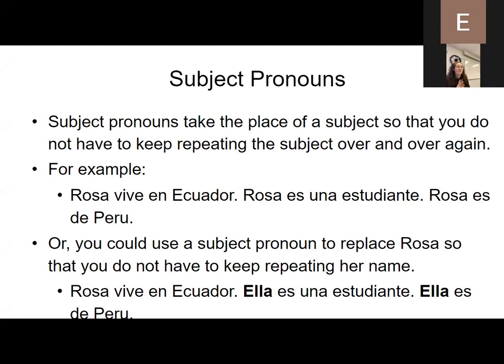So the reason we're going to be recording this and going over it today is because subject pronouns are such an integral part of Spanish, just like they are in English, but they're a little more important in Spanish, because subject pronouns are going to lay the foundation for everything we do from here on out.